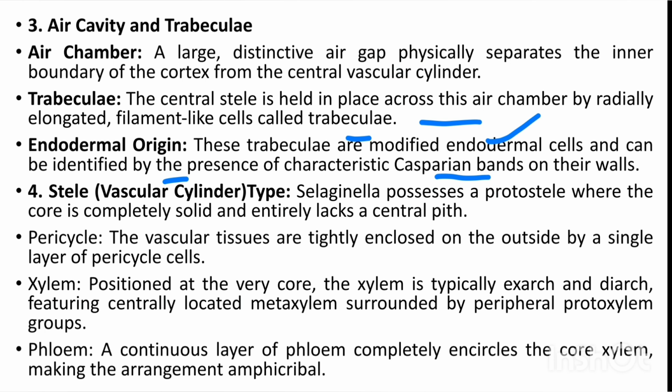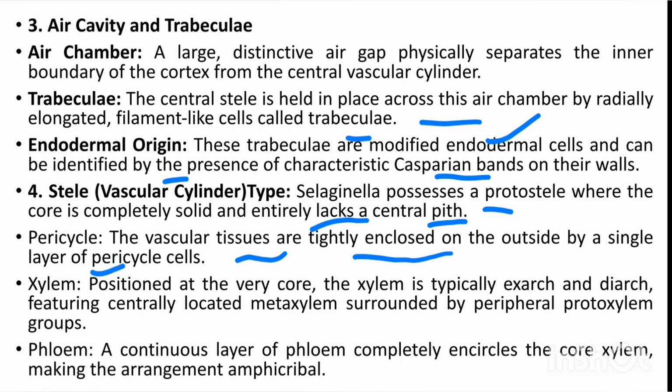Okay, then the stellar region or stele. It possesses protostele where the core is completely solid and entirely lacks the central pith. So it shows protostellic condition where the pith is completely absent. Pericycle: the vascular tissues are tightly enclosed on the outside by a single layer of pericycle cells.